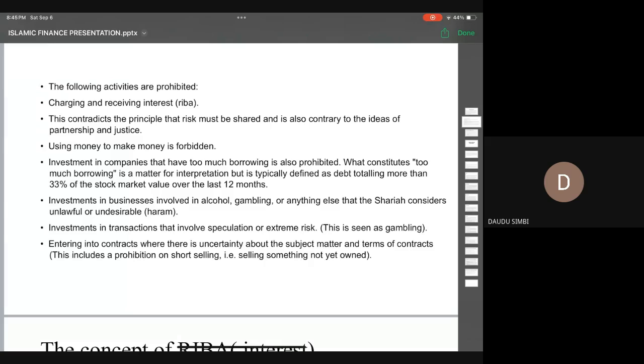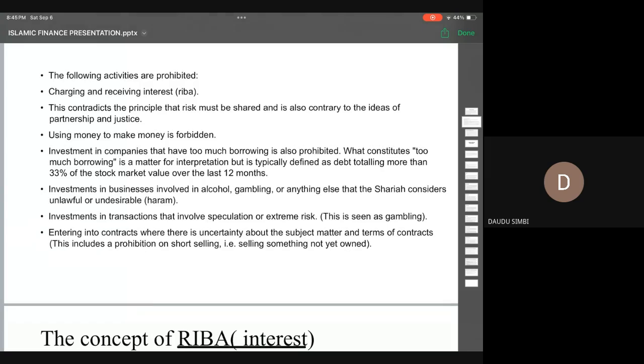Using money to make money is forbidden. Investment in companies that have too much borrowing is also prohibited. What constitutes too much borrowing is a matter for interpretation, but is typically defined as debt totaling more than 33% of the stock market value over the last 12 months.